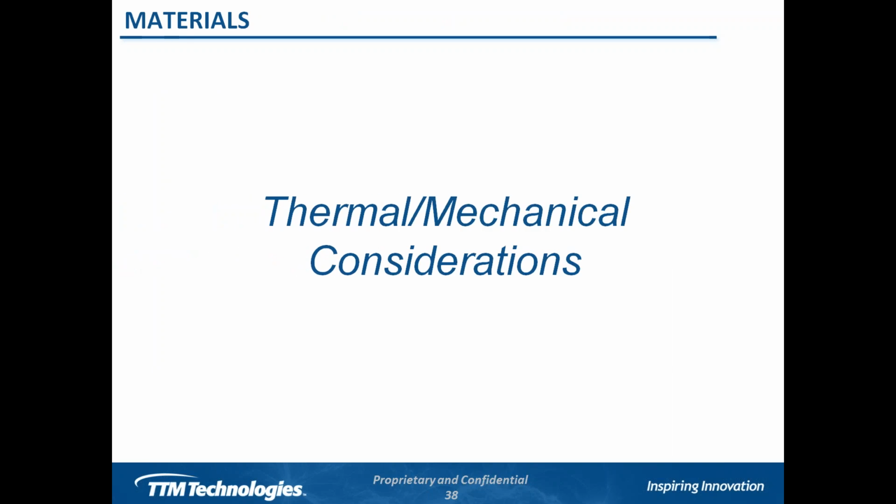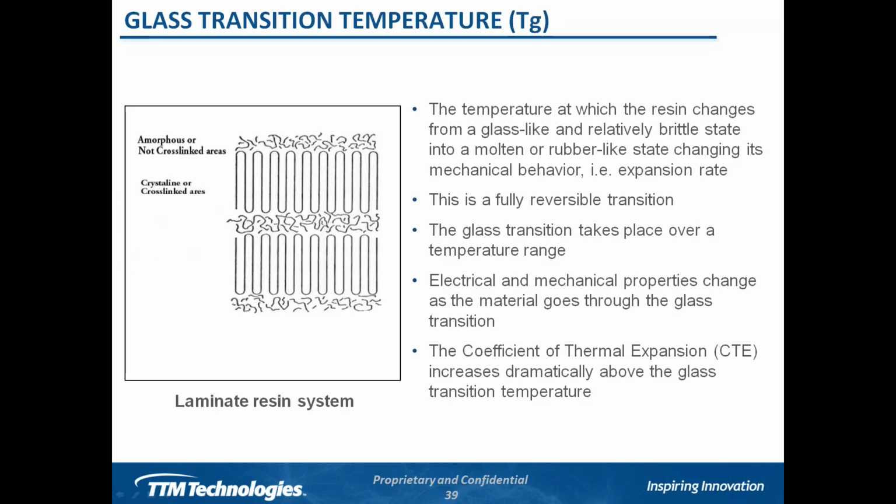Okay, so those are the basic building blocks, and then we look at some of the properties of these things once they're all fully pressed and they're in use. The first thing we look at, which is always on everyone's mind, is TG. And what does TG mean? TG is the temperature at which the resin changes from a glass-like and relatively brittle state into what I call a rubber-like state.